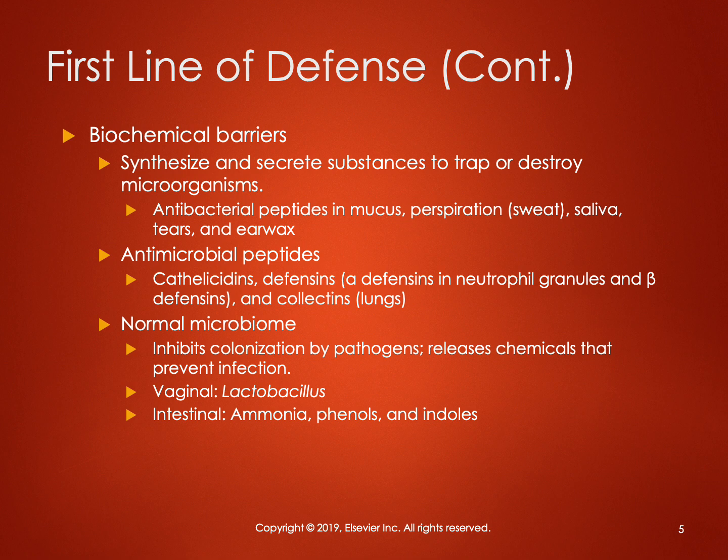So the first one, let's talk about the synthesis and secretion of substances that trap and destroy microorganisms. I want you to think about the ability of the human body to perspire, create tears or saliva. And how does that work in the immune system?